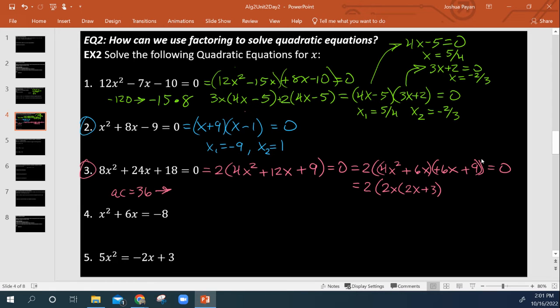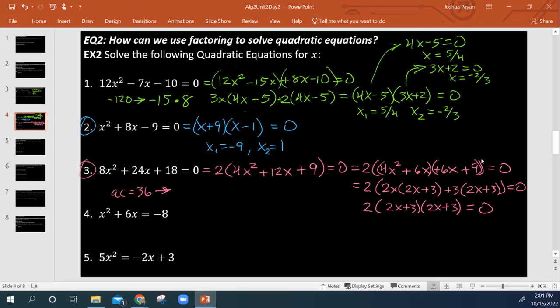Here, GCF is going to be 3. And that's going to leave me with 2x also plus 3. Okay, so we end up with a perfect square. So 2 times 2x plus 3 times 2x plus 3 again is equal to 0.